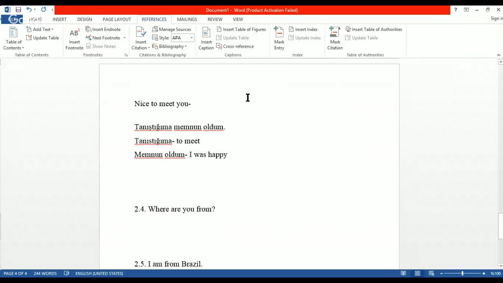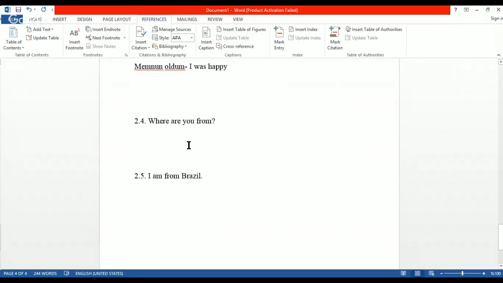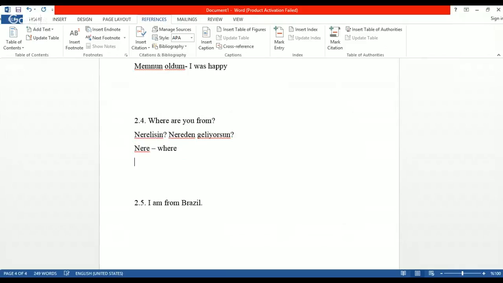Okay, so the next topic I would like to talk about is where are you from? Where are you from? in Turkish would translate to nerelisin or nereden geliyorsun. So let's break down this structure. Nere means where. Nereli means from where.